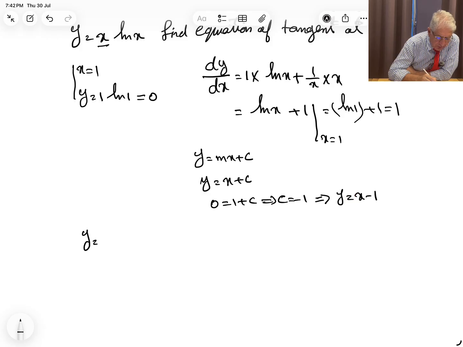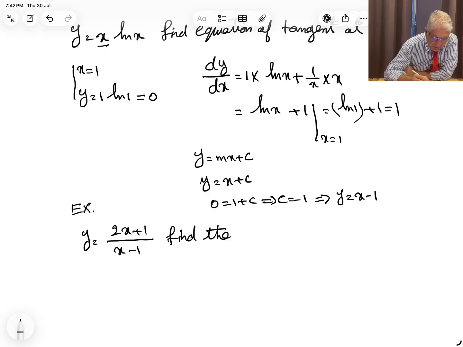Suppose y is equal to 2x plus 1 divided by x minus 1. This is another example actually. Let me write the example here: y equals 2x plus 1 divided by x minus 1.